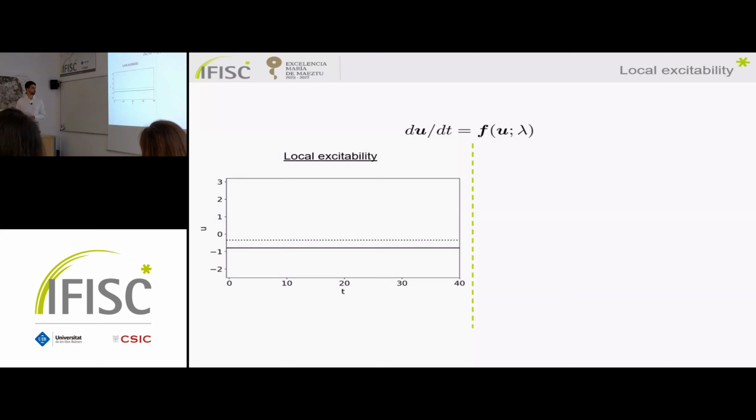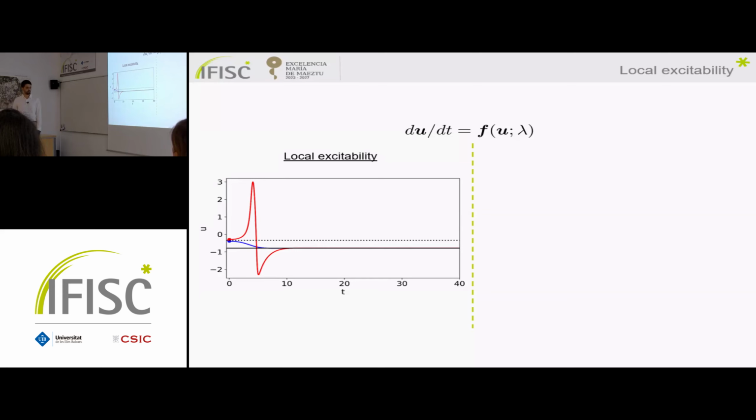So if we make a small perturbation on it, this perturbation will decay and will go down to the rest state. Nevertheless, if we make the perturbation large enough, that is above a given threshold, it will make a large excursion through the phase space, after which it will go back again to this rest state. No? So we have these two behaviors mediated by the threshold. It's a threshold-like behavior.